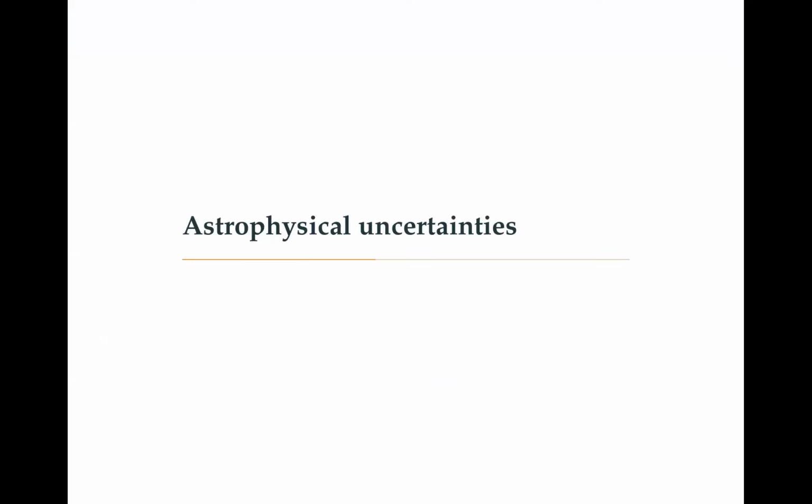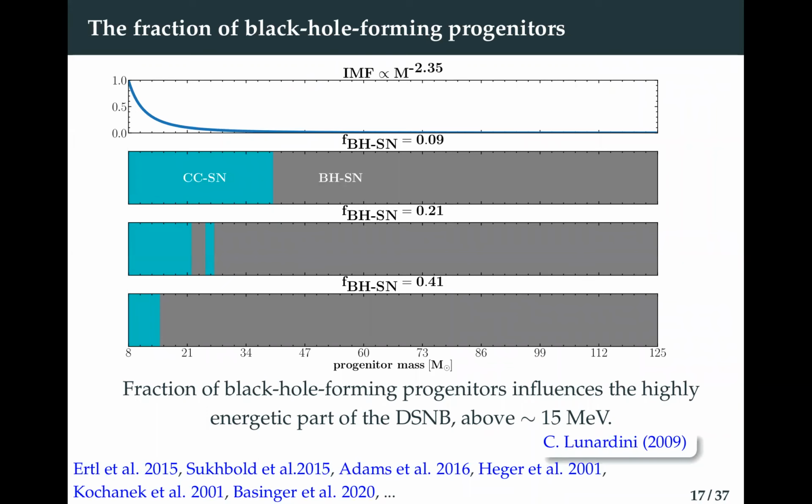Yes, so I will briefly go through some of the astrophysical uncertainties, where the first would be the fraction of black hole forming supernovae, which is still a rather unknown parameter. And here you can see different theoretical models of different masses of supernovae. Depending on the set of initial conditions and simulations, they either form neutron stars or black holes, and the fraction, weighted by the initial mass function, can range from 9-ish to 41%.